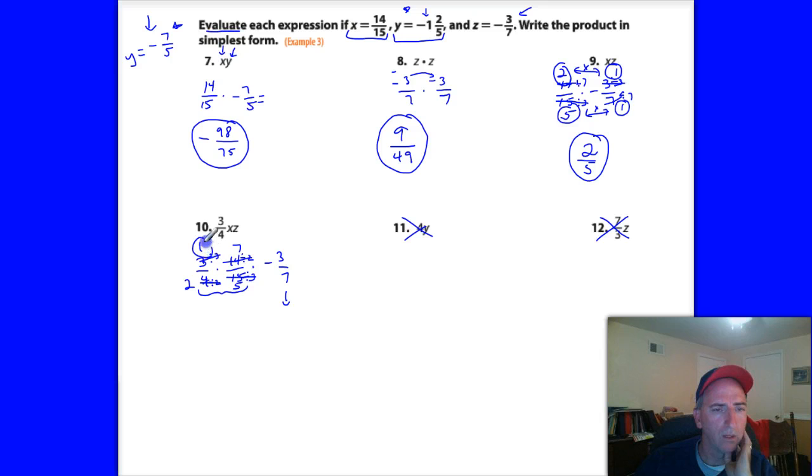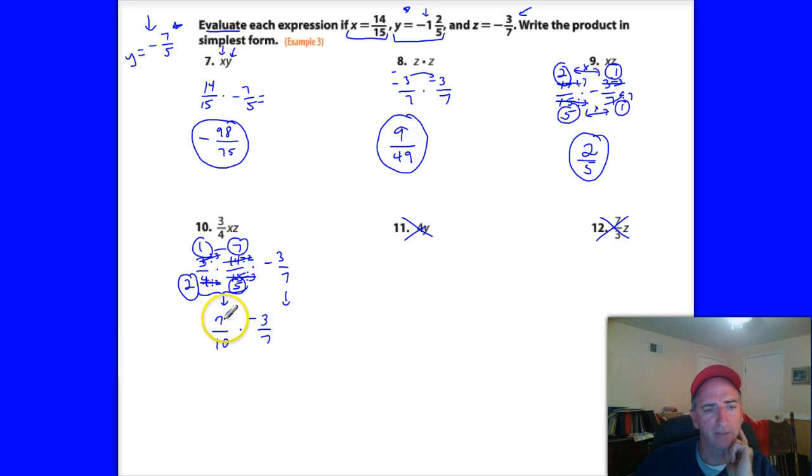So you have 1 times 7, just multiplying those first two numbers, the 3/4 and the x. 1 times 7 is 7, and 2 times 5 is 10. I'm going to multiply that times negative 3/7.